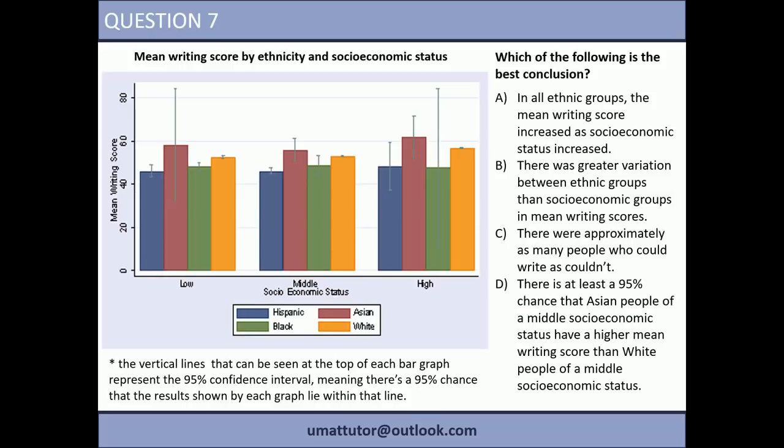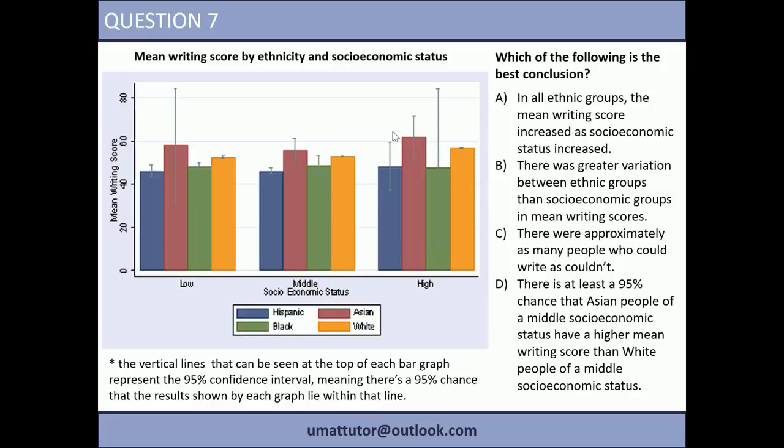So if we pick a particular group, let's say the Hispanic group in the high socioeconomic group, the best estimate for their writing score is shown by the bar graph, which is about 48 to 50. But you can see the confidence interval ranges from about, let's say, 38 to 60. So there's a 95% chance that the true result is somewhere between 38 and 60. That's all that means.